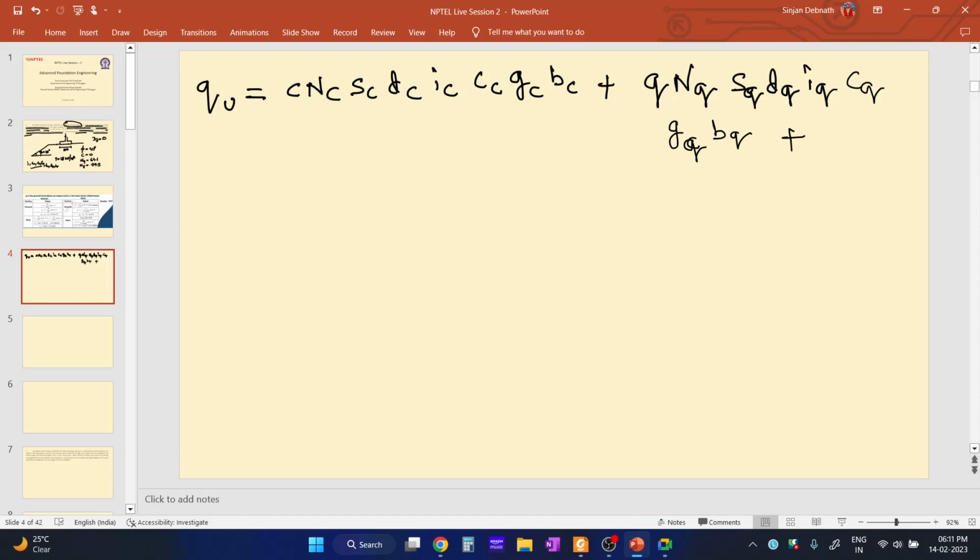And the third term is half into gamma B N gamma and all the factors like shape factor, depth factor, inclination factor, compressibility factor, sloping ground factor, and base factor.